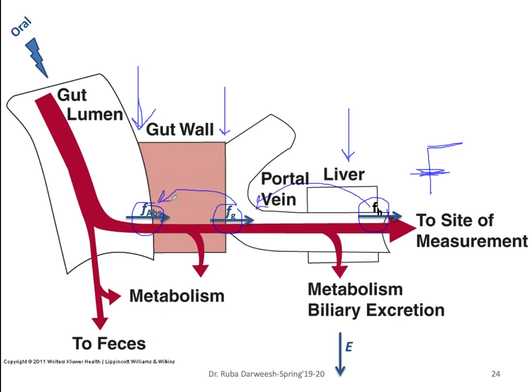If I give you data related to the fraction or the extraction that is happening at each part of it, let's say this is the extraction of absorption. If we use the same symbols, this is the extraction of the gut, and here the extraction of the hepatic. Or I gave you this with this and this. If you have this, the fraction absorbed will be 1 minus the extraction in the gut, and this will be 1 minus the extraction in the hepatic.